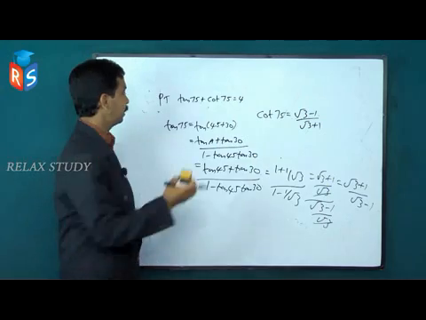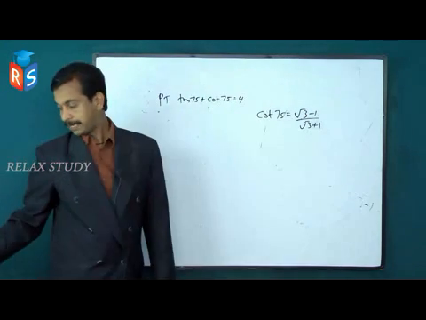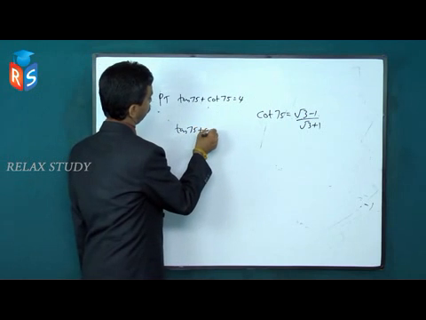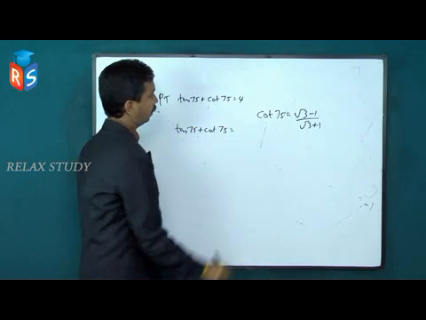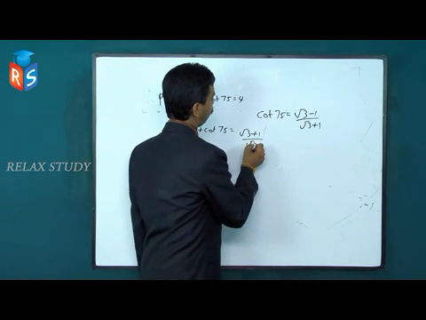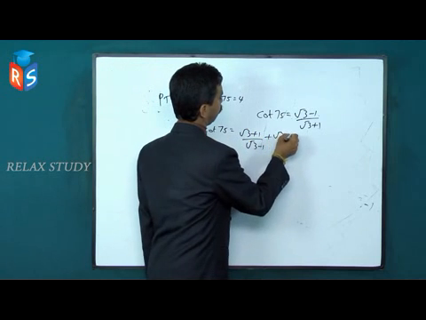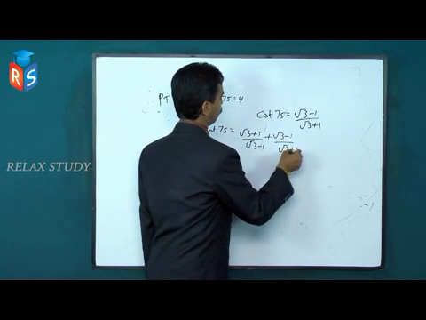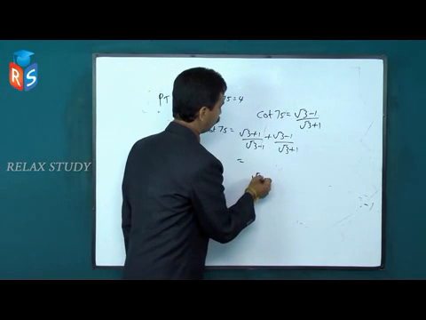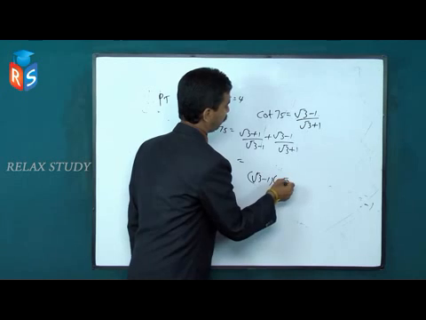So adding the answers, tan 75 plus cot 75 equals root 3 plus 1 by root 3 minus 1 plus root 3 minus 1 by root 3 plus 1. Taking the LCM, the LCM is root 3 minus 1 into root 3 plus 1.